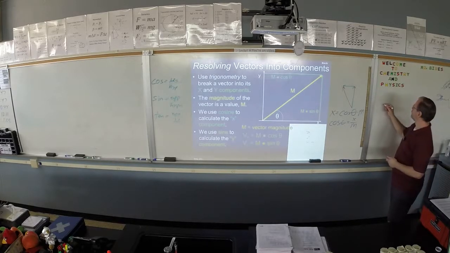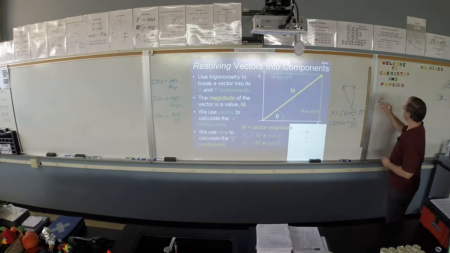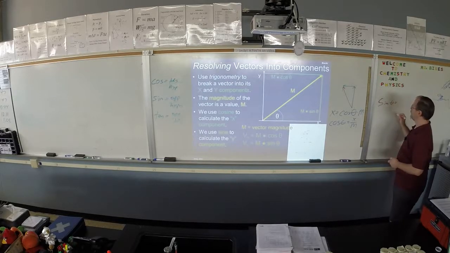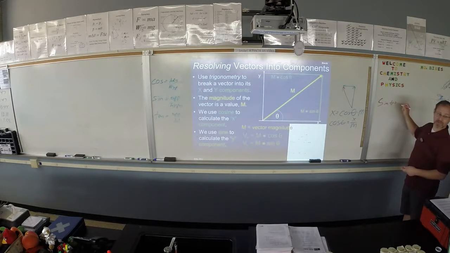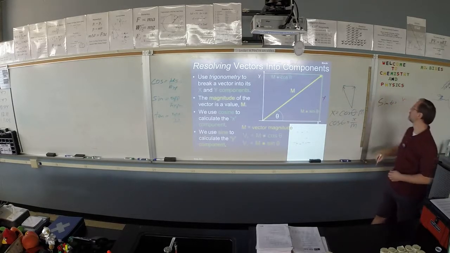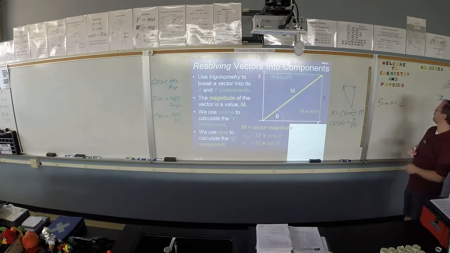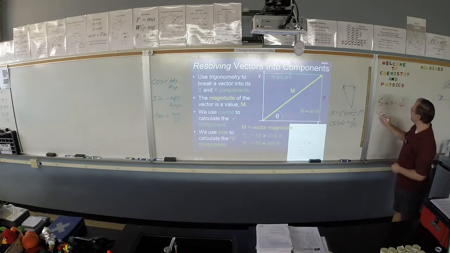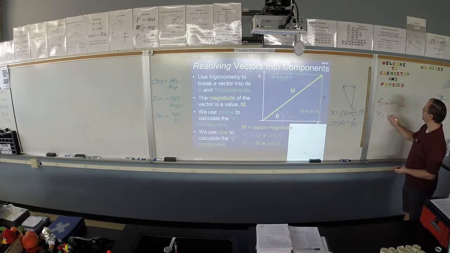The sine of the angle is the opposite leg, which is the y leg right here, over our hypotenuse. So if you want to know what the y leg is, we multiply both sides, and we get y equals sine theta times m.